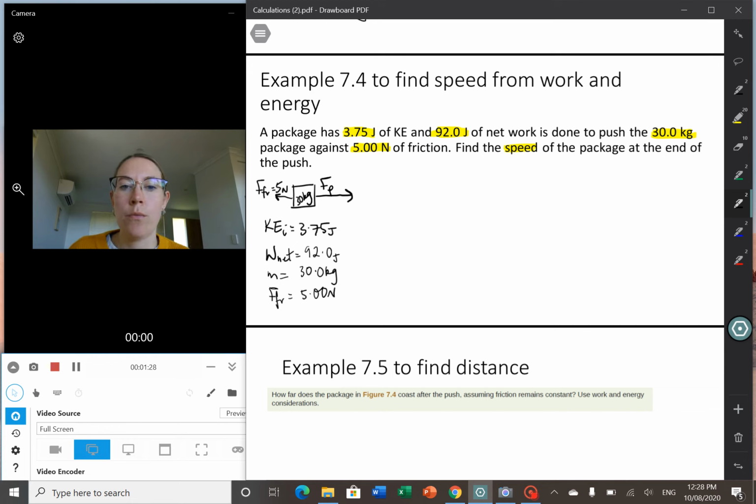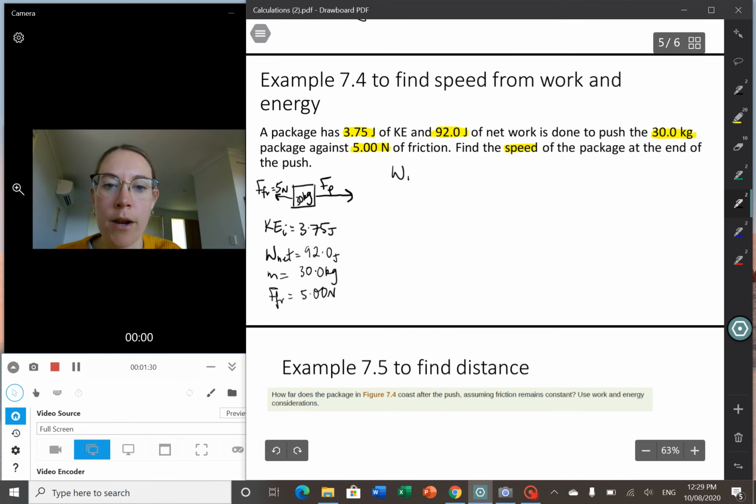Okay, so I'll write out our formula for net work.